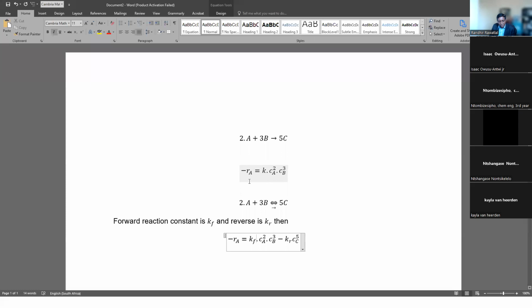If you look here, RA has fixed units. We said moles per cubic meter per second. That's the default definition of the reaction rate. And then concentration, of course, has fixed units, right? Moles per cubic meter. You can't do anything about that. So the units of k are necessarily not fixed.